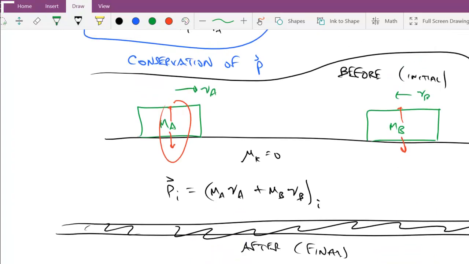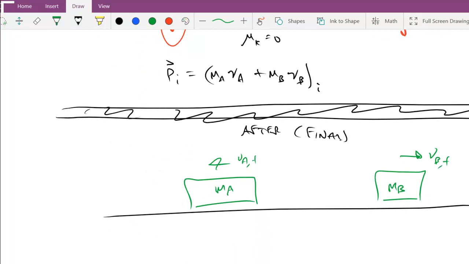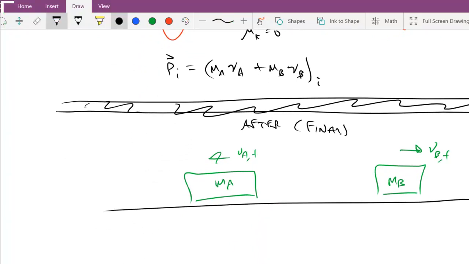Let me give some extra subscripts here: VA initial, VB initial. So my final momentum is going to be the mass of A times the velocity of A plus the mass of B times the velocity of B in the final condition.